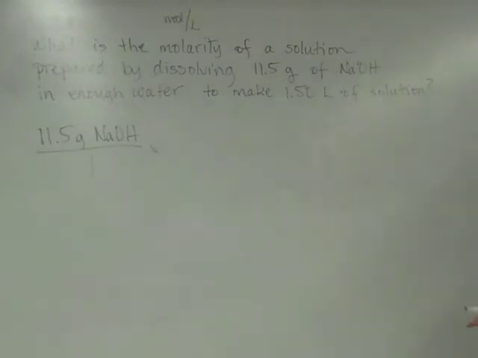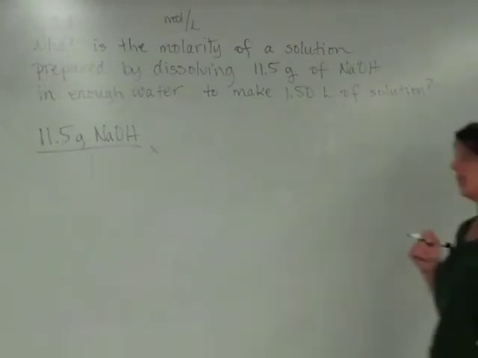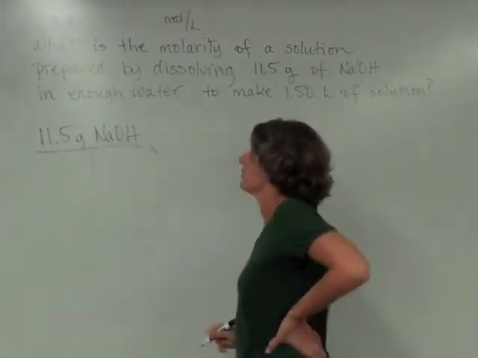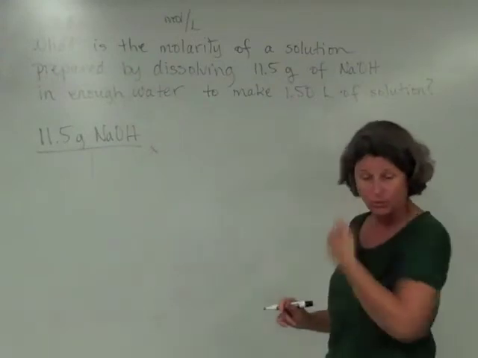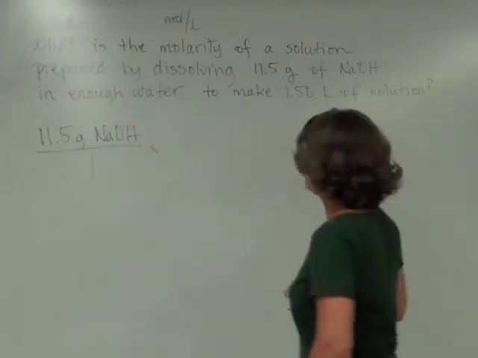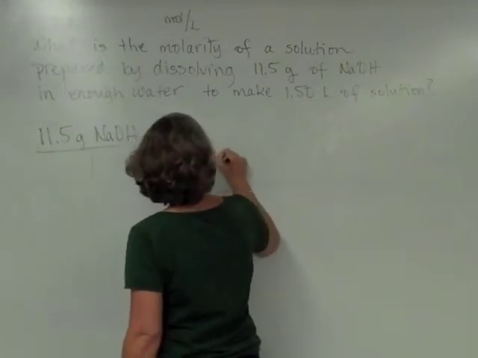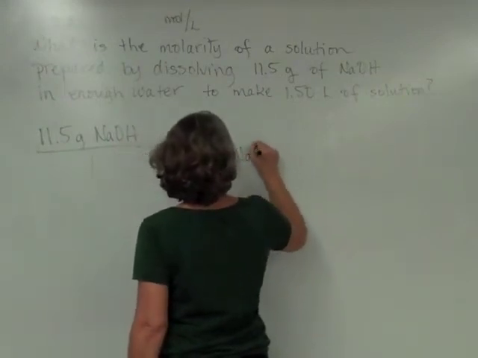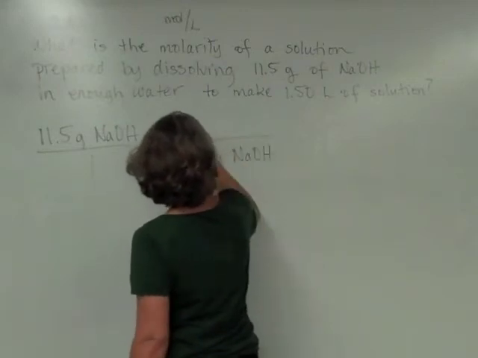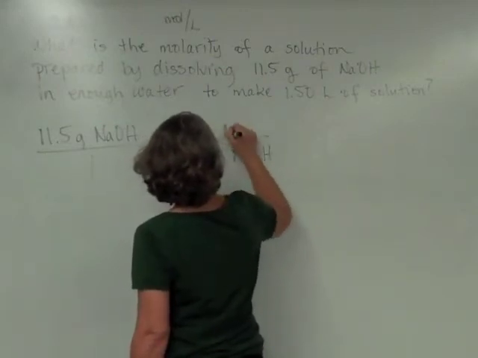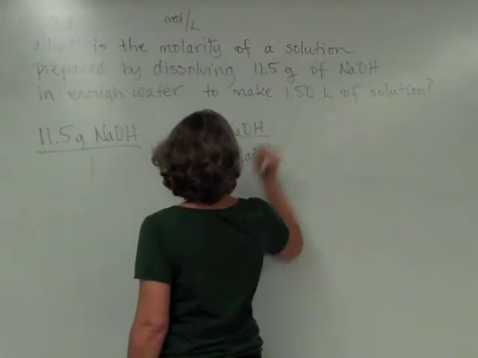But grams are not in my molarity units at all. So I've got to get them to moles. And so how am I going to convert grams of sodium hydroxide to moles? I'm going to use the molar mass of sodium hydroxide, which is 40.00 grams of NaOH per mole of NaOH.